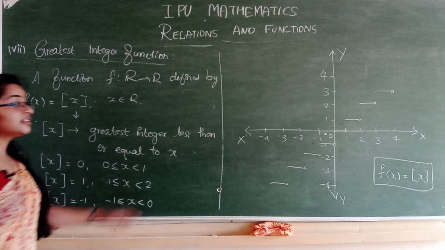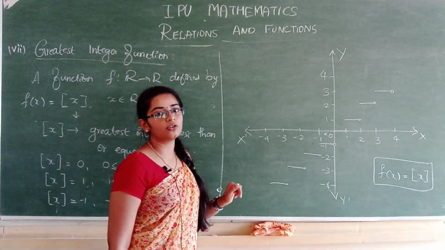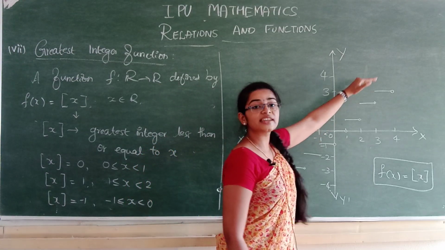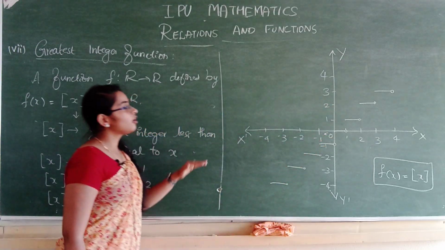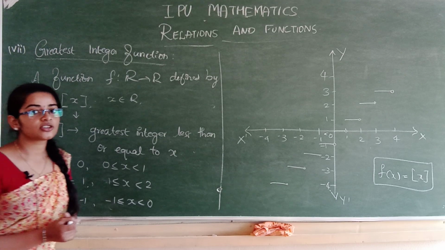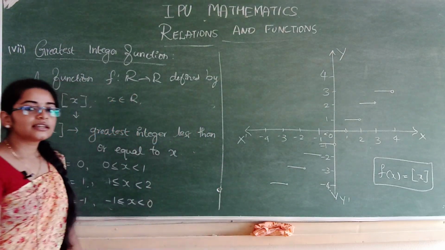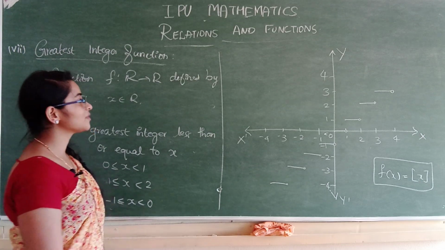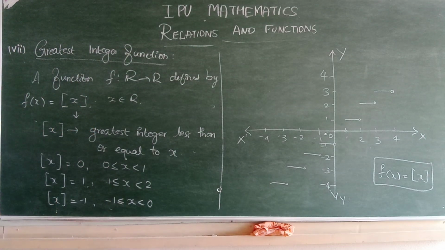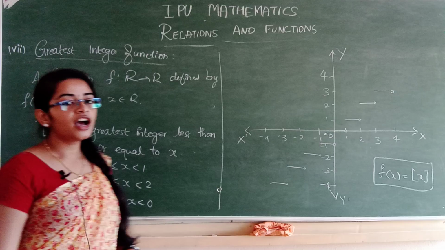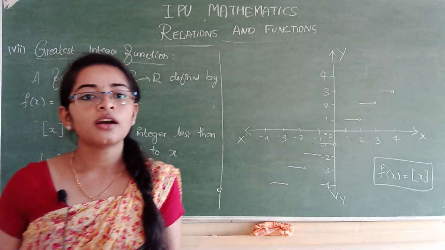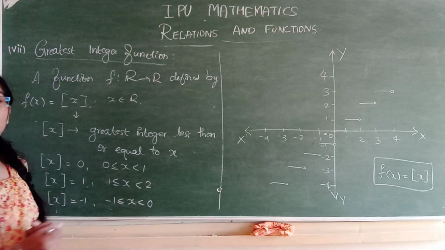We call this function the step function also, since the graph looks like steps. So this is about the graph of the greatest integer function. Now after this we will get to the algebra of functions.